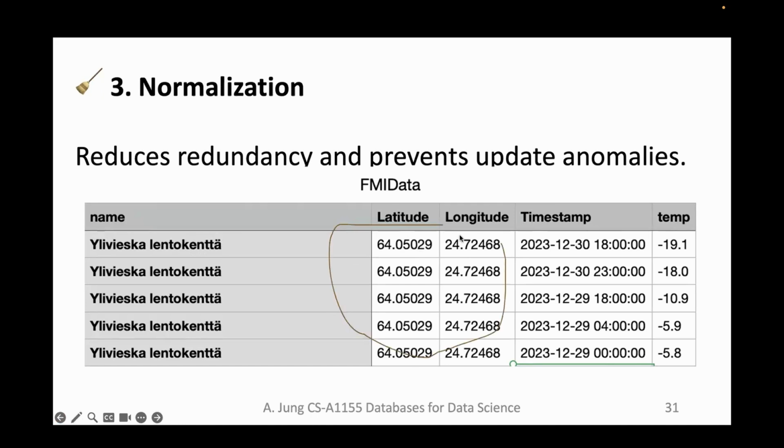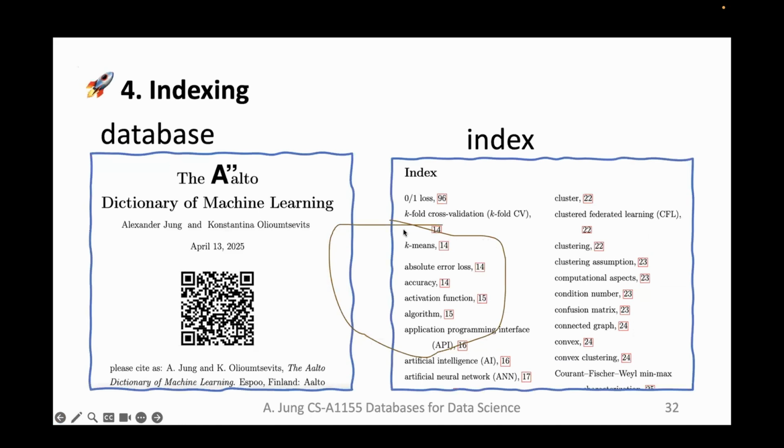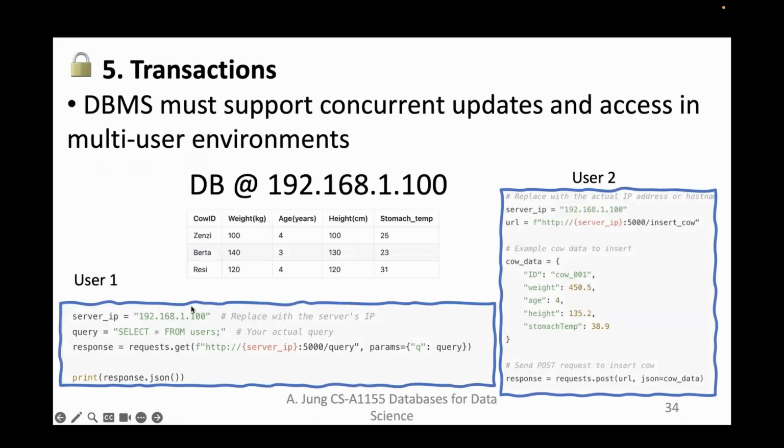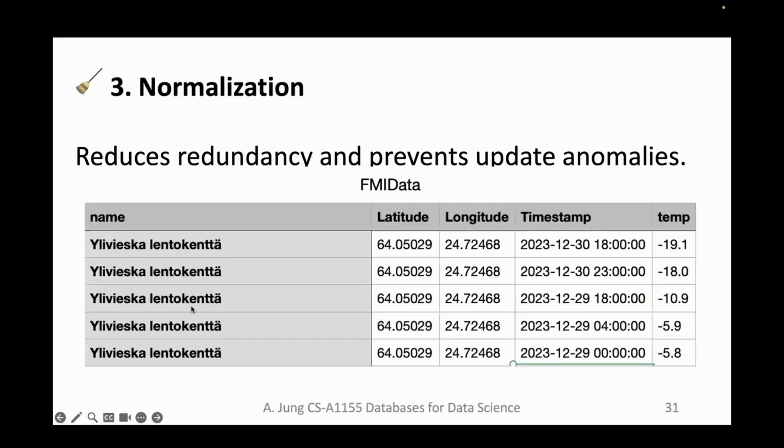So this seems highly redundant information. So instead of this redundant table, we could have a separate table which only stores the latitude and longitude of each weather station.